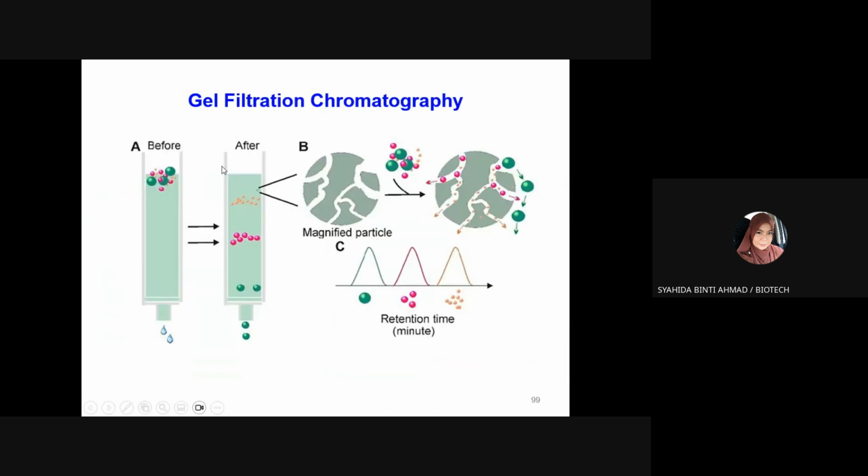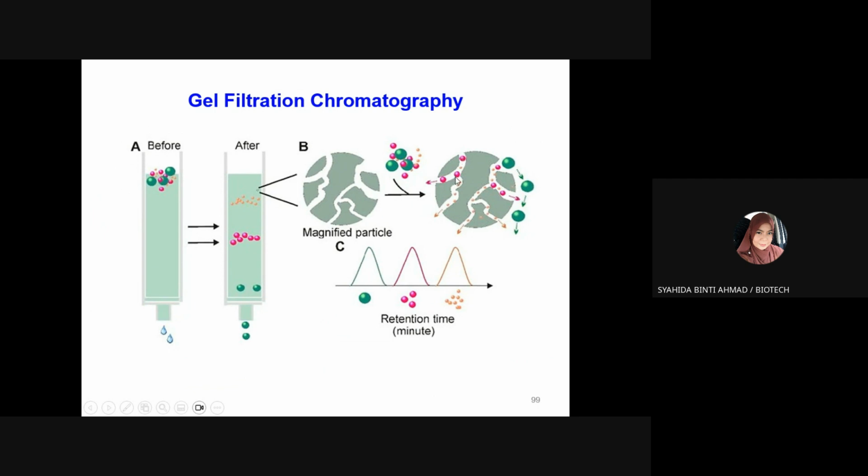Gel filtration: you have this matrix. You put your sample on top of the matrix, and it will slowly go down through the matrix. Since the matrix has pores, the big protein will not be able to enter the pore size, while the smaller protein will be able to enter the pores.